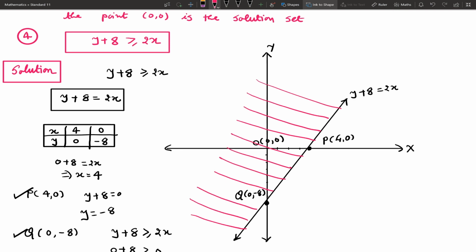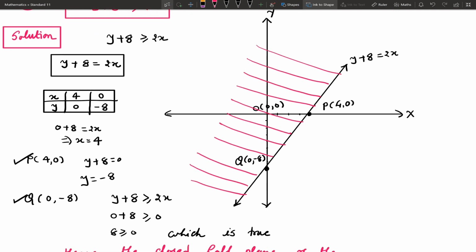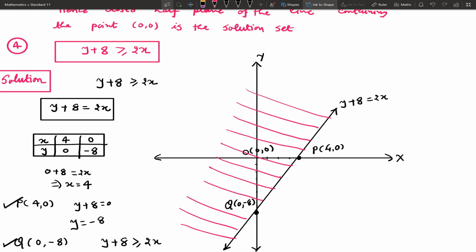So again, first you remove the inequality, you get equality from the inequality. So you will get a linear equation in 2 variables. A linear equation in 2 variables forms a straight line. To draw the line, 2 distinct points are required. For simplicity, we select points of the axis.